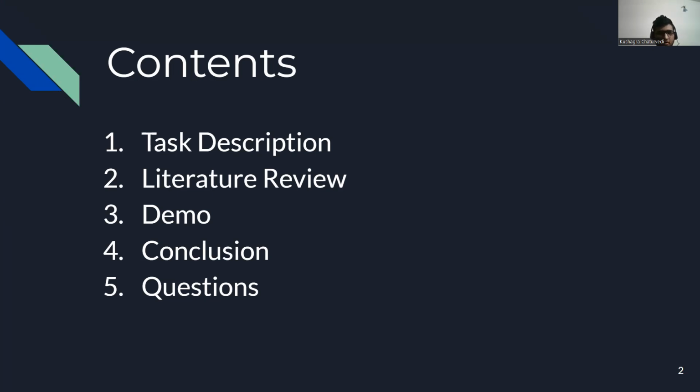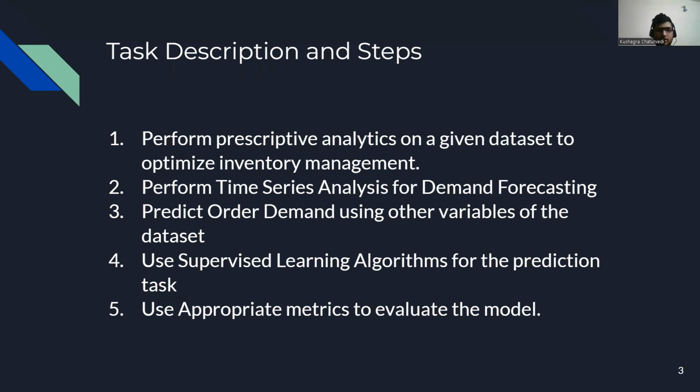Now, coming on to the task description and steps. First, we have to perform prescriptive analytics on a given data set. The data set has been provided to us. It's a Kaggle data set actually. And we have to perform time series analysis and other prescriptive analytics techniques that are available for us. In that data, there is a variable known as order demand.